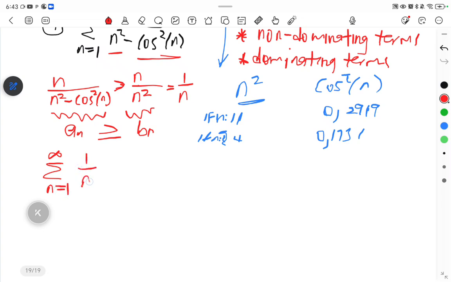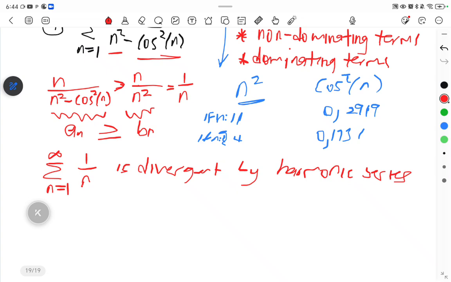I check if bn is divergent or convergent. This is divergent by harmonic series. We did harmonic series. Or by the p-test. The p-series test is that here p is equal to 1, which is less than or equal to 1.